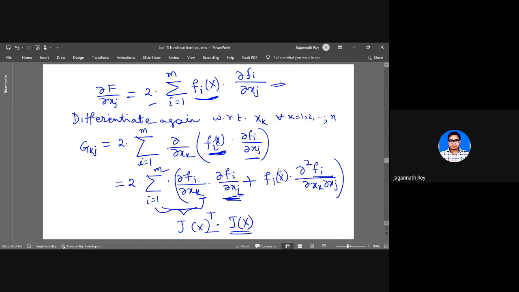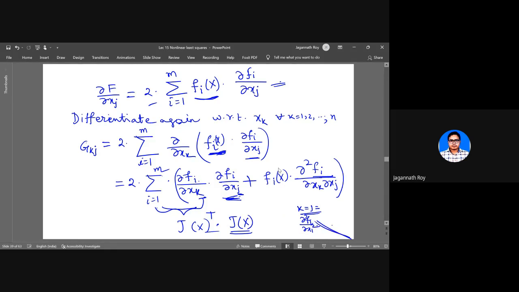Okay. And here when k equals j, then we will have, for example, del 2 f1 del x1 squared, that is the diagonal elements.